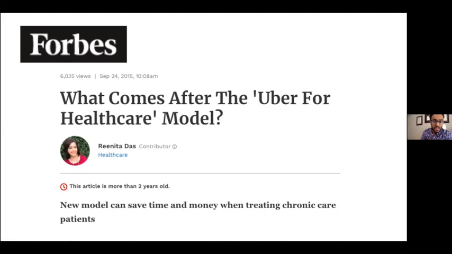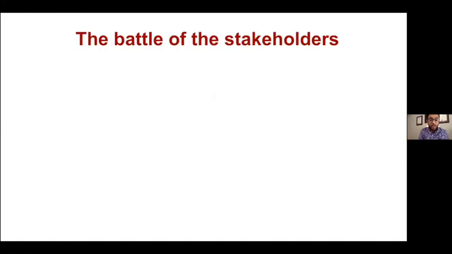There's someone who's the customer who's going to hail for a ride, and there's also a payer, and the business is going to be the driver, and you're going to pay the driver. But when it comes to healthcare, we have to be a little bit more cautious with taking principles from the tech world to the med tech world, because there's a little bit of a battle of stakeholders here. In fact, a critical battle of stakeholders here.